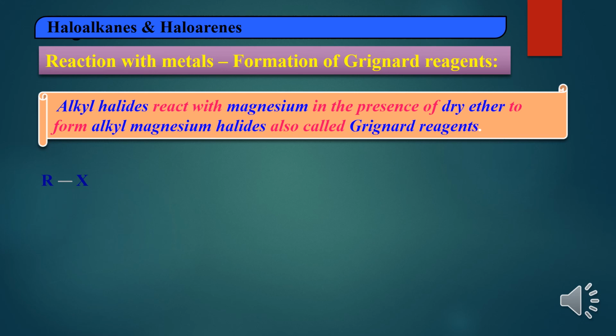It forms alkyl magnesium halide, RMgX. It is called Grignard reagent. You can take here RX, alkyl halide. It is reacted with magnesium in presence of dry ether. It gives RMgX. It is called Grignard reagent.